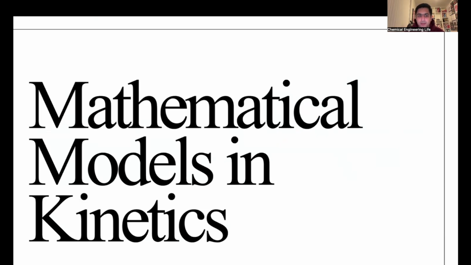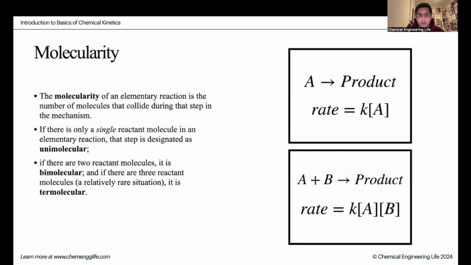Now we'll jump directly into the mathematical model in kinetics. The very first term you have to understand is molecularity. The molecularity of an elementary reaction is the number of molecules that collide during that step in a mechanism. If there is a single reactant molecule, the step is called unimolecular.